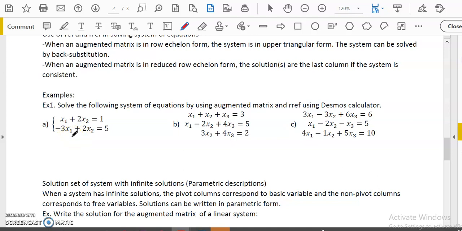Okay, so this is x1 plus 2x2 equal to 1, and so on. We'll write the augmented matrix: 1, 2, 1, negative 3, 2, 5. To solve it, I want to change it into RREF. I'm just going to use the decimal calculator.